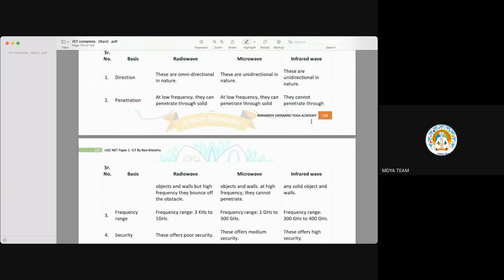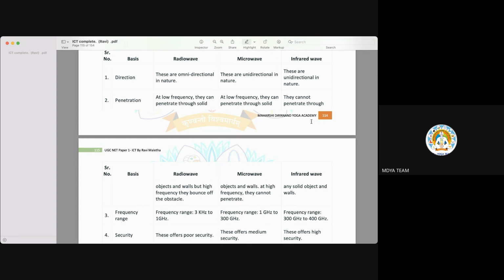Now the unguided media: radio waves, microwaves, and infrared waves. Radio waves are generally omnidirectional, like when we receive signals from radio stations and FM stations. Microwaves are unidirectional in nature, and infrared is also unidirectional.